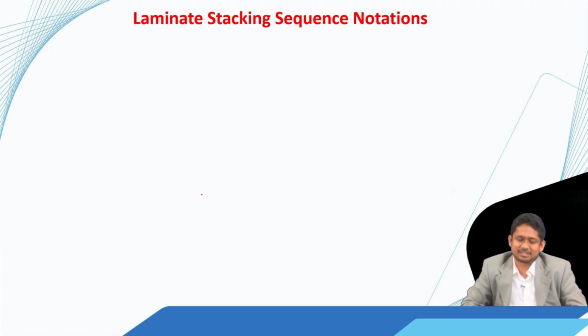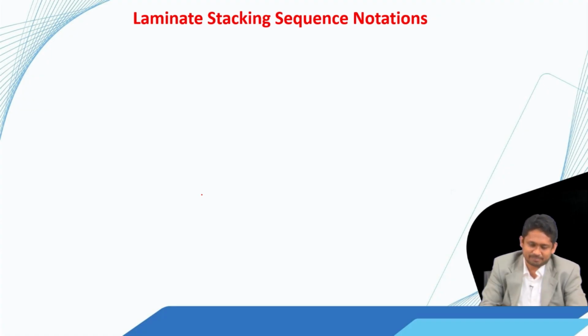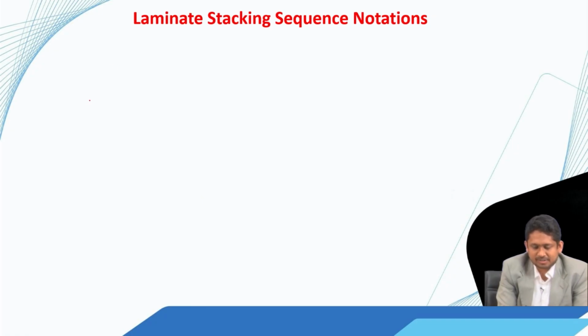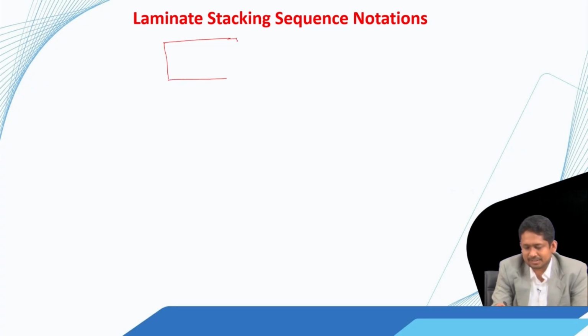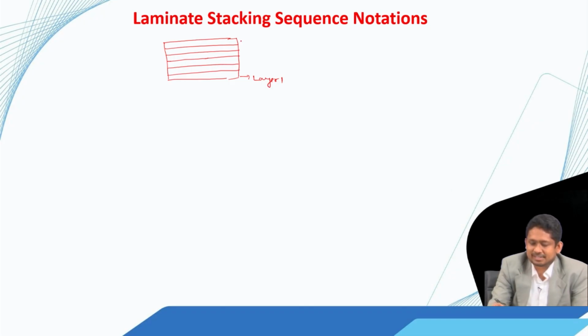Now, this lamination sequencing is denoted by some notations, and these notations are quite universal, I would say. So, again we know that in a composite laminate the layer numbering always starts from the bottom. So, we have layer 1 and, just to be more generic, this is layer n.